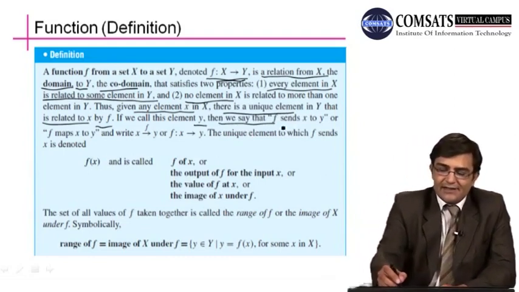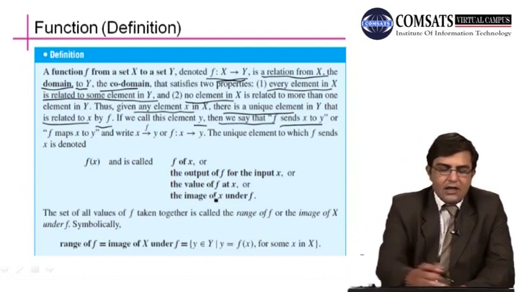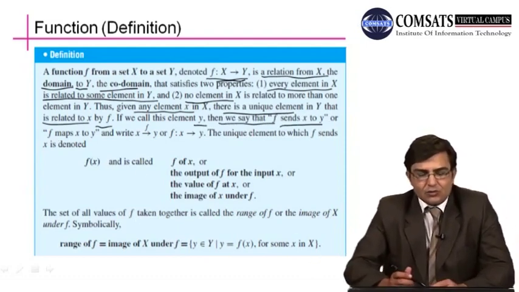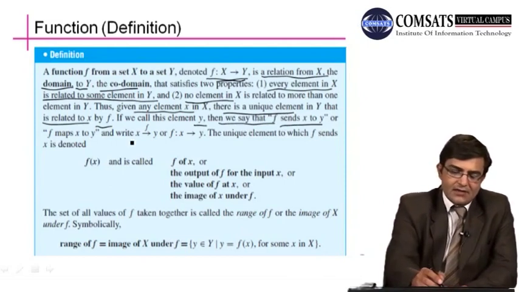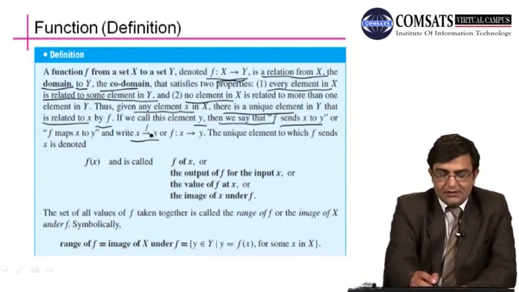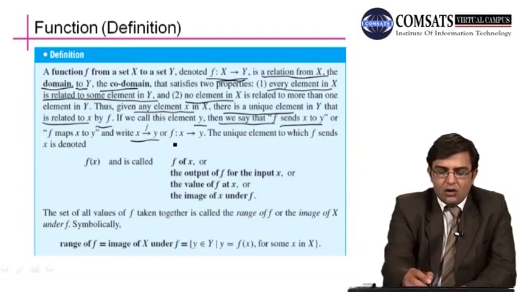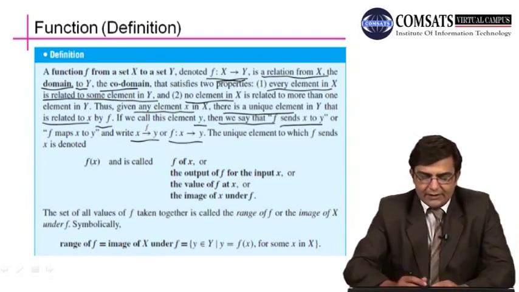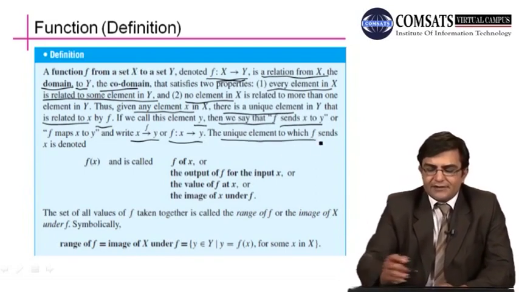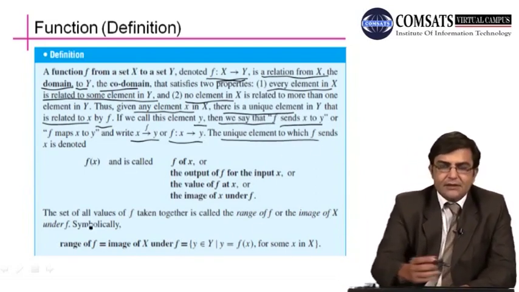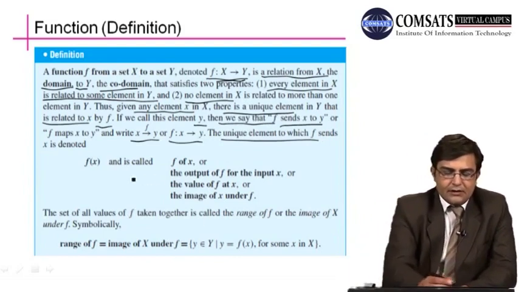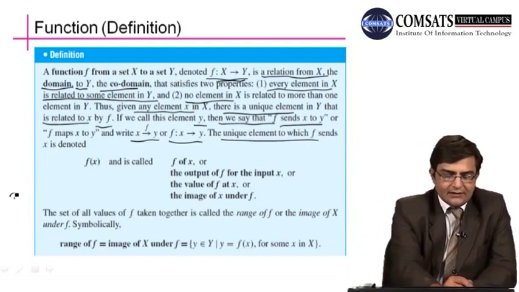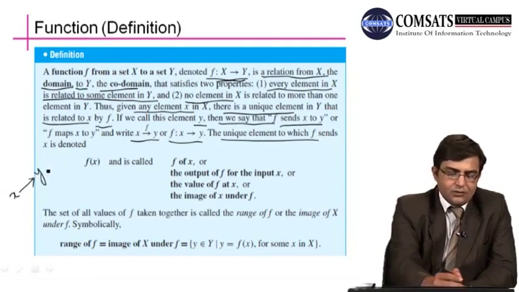Then we say that F sends x to y, or F maps x to y, and we write it as x with an arrow to y, and sometimes we write F above the arrow. The unique element to which F sends x is denoted as y equals F of x.